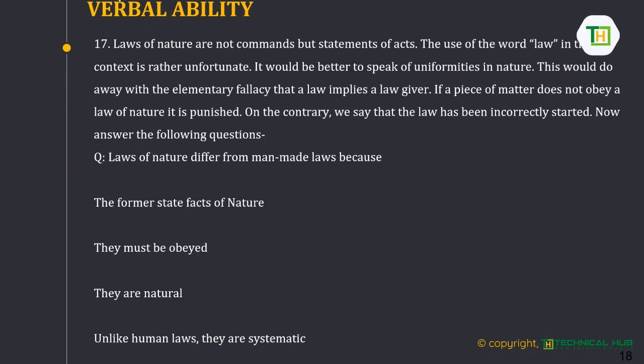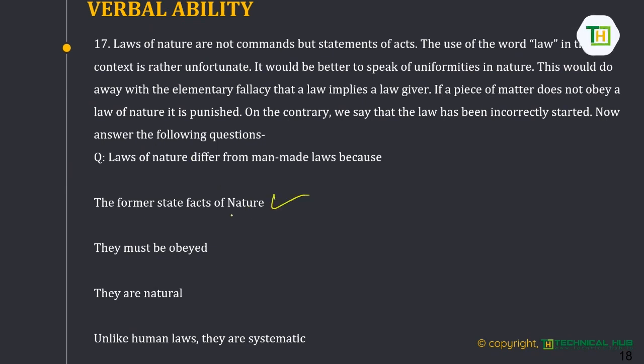Laws of nature differ from man-made laws because the former state facts of nature, and they must be obeyed. They are natural. Unlike human laws, they are systematic.